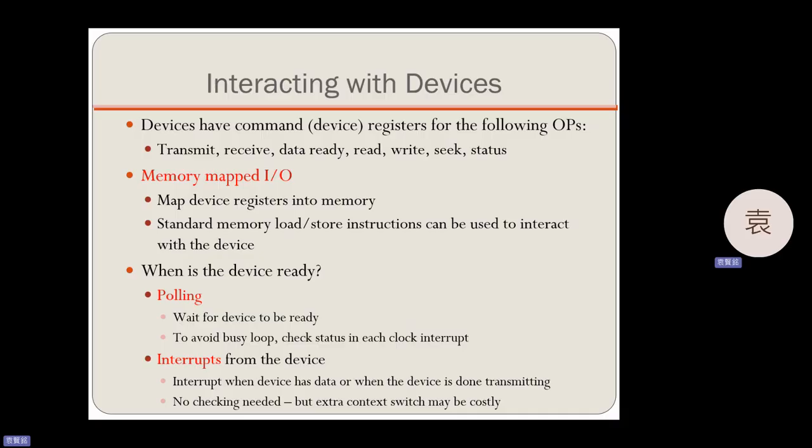Another way the device can be triggered or controlled is by memory mapped I/O. That means that the device registers are mapped into the memory address space, so standard memory instructions, load and store, can be used to interact with those devices.